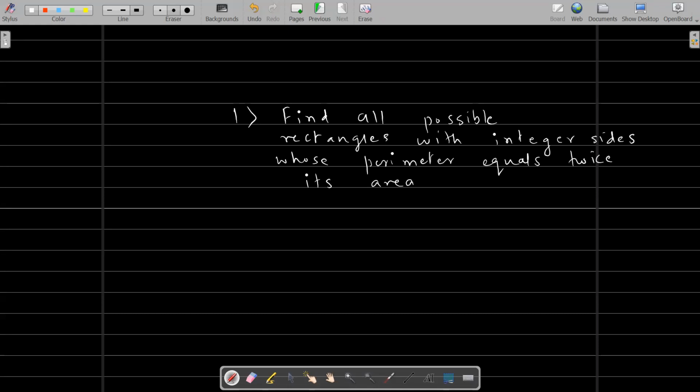The converse may not be true: every rectangle may not be a square, but a square is always a rectangle. Yes, so let me draw one rectangle.